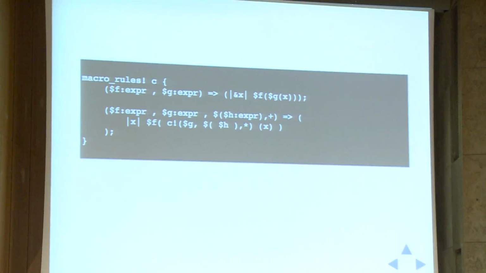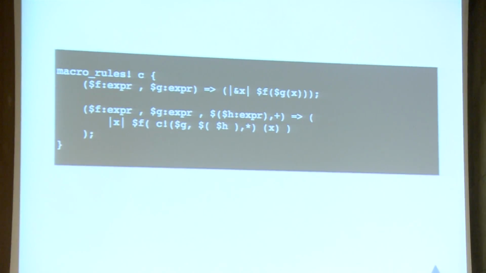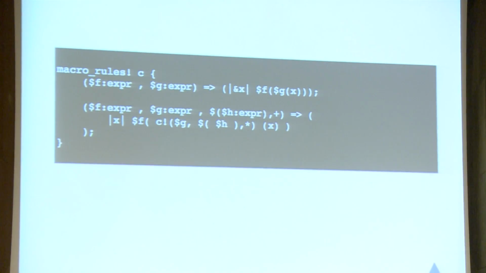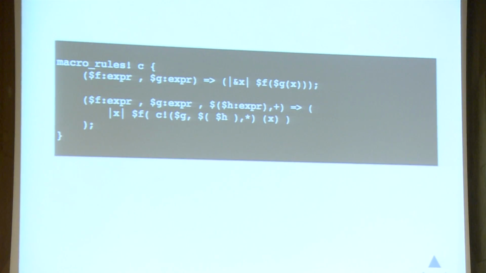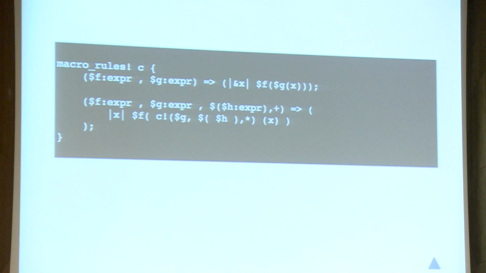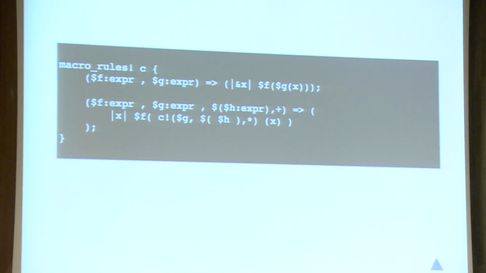You see F, G, and H are suffixed with colon expr. In the first macro, we used ident, which is identifier, and Rust provides many more of those, and types is one of them. It's ty, I think, if I remember correctly, which would make the compiler expect a type passed to the macro.